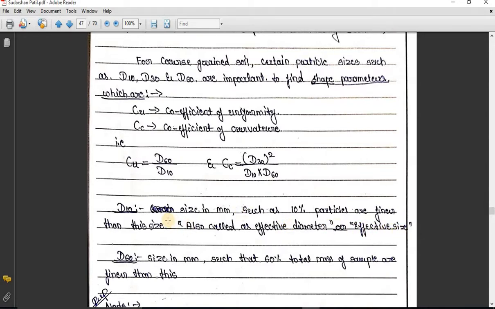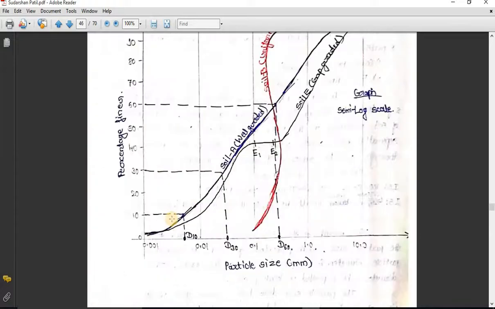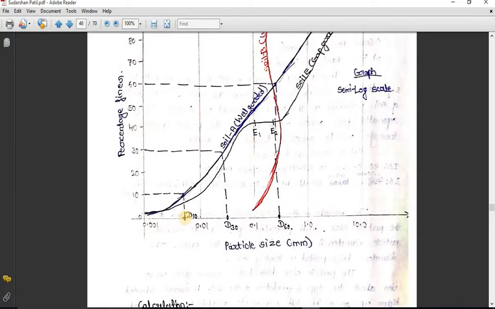Okay. So I will show you in the curve. D10 is a size. So if I consider this curve, the blue color line, the well graded curve, D10 is a size from which 10% of particles are finer. So if I draw a horizontal line from 10% and wherever it touches the curve, I can drop it vertically. Whatever size I get there is called D10. D30 is also very simple.